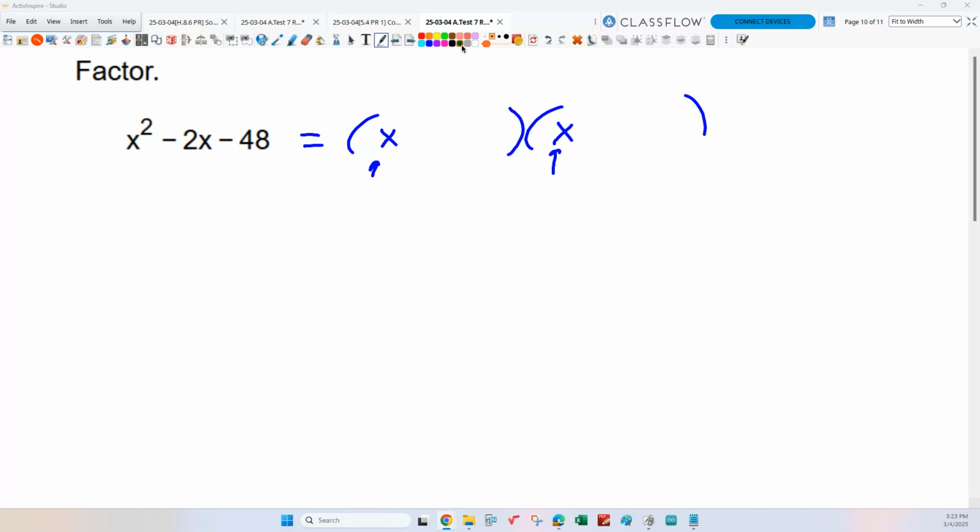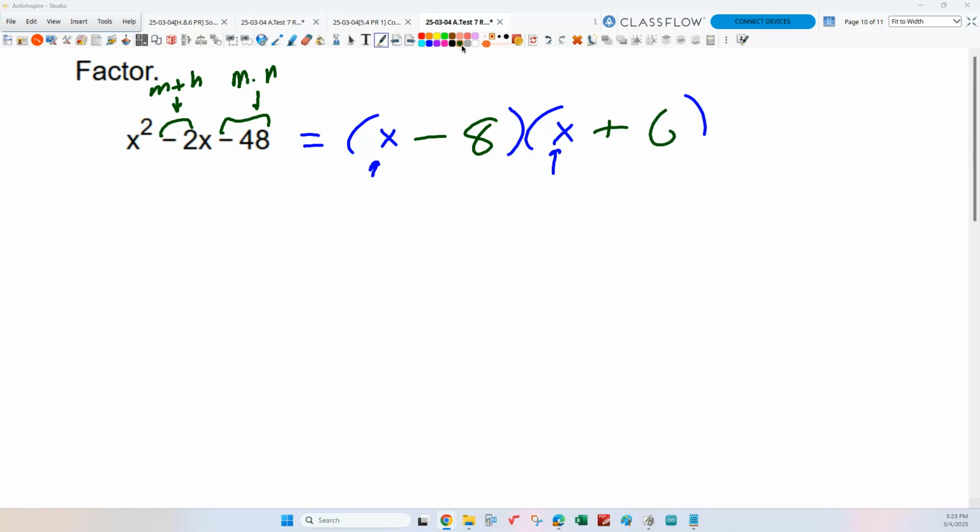And what do my magic numbers have to multiply to? Negative 48, right. So my magic numbers multiply to negative 48, and they add to negative 2. So what are the signs going to be if they multiply to a negative and add to a negative? Negative and positive. And what are those magic numbers?